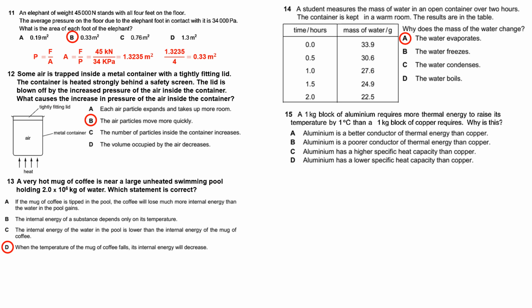Because aluminum has a higher specific heat capacity than copper, meaning it takes more energy to increase the temperature of a given mass of aluminum by a certain amount compared to copper.